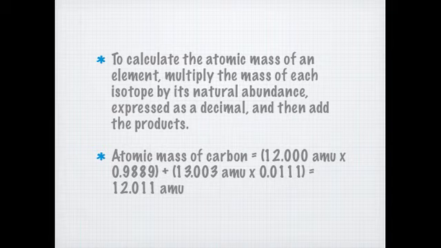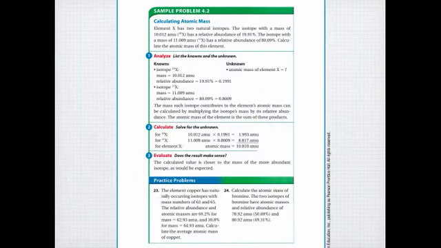So you would take that as a decimal, 0.9889, and then you take carbon-13, 13.003, times its percent as a decimal, very small percent now, so 0.0111, and then add those two together, and that would give you the average atomic mass.